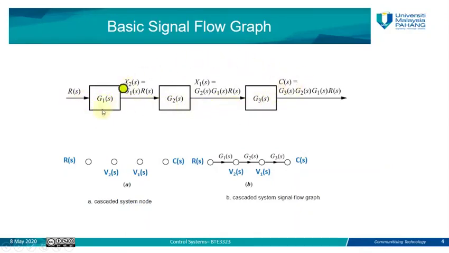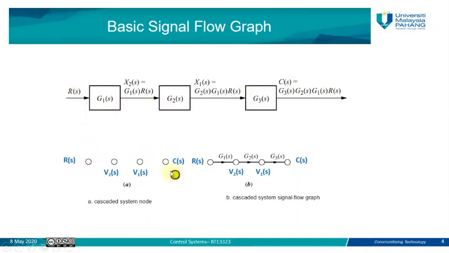In order to convert this block diagram into a signal flow graph, we need to identify the nodes and branches. So how many nodes do we have? Usually at least we have 2 nodes, one input node and one output node. In between, we call them the intermediate nodes. So here we have R(s), so we just draw one node and call it R(s).